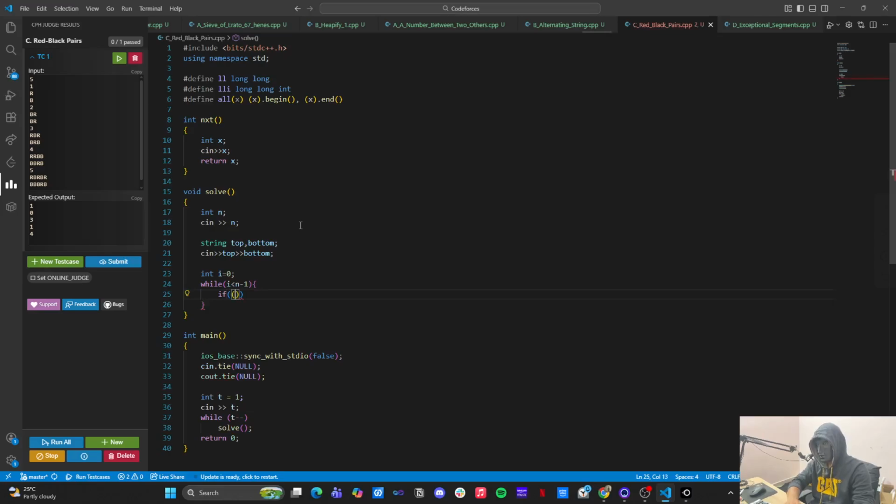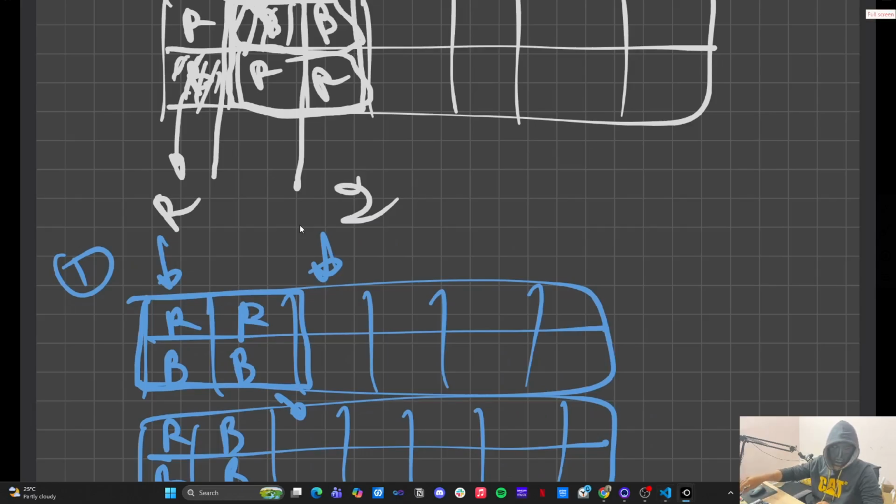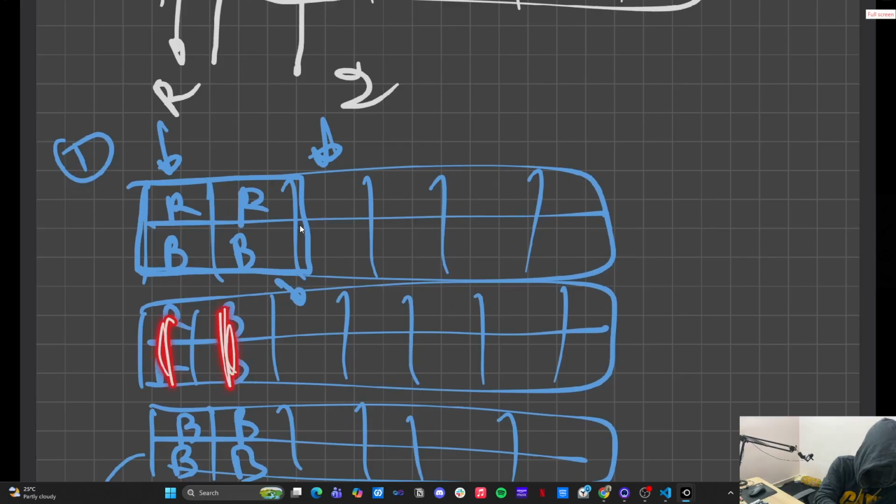First thing first, what I said, we'll have to check the cases. If the starting 4 cells, whatever cells we are making, those are all equal or not. So we'll have to check if top of i equals bottom of i. I'm making a vertical comparison here, and top of i plus 1 equals bottom of i plus 1. If you can see this case, these two are equal.